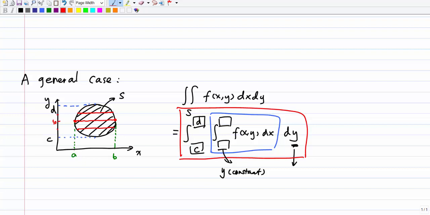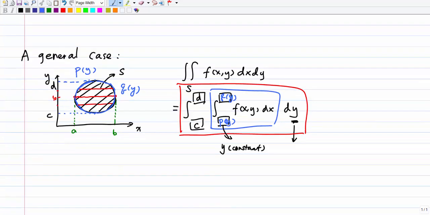Let's assume the lower bound is a function of y, say p of y, and the upper bound on the right-hand side is, say, q of y. This is how we can do it.